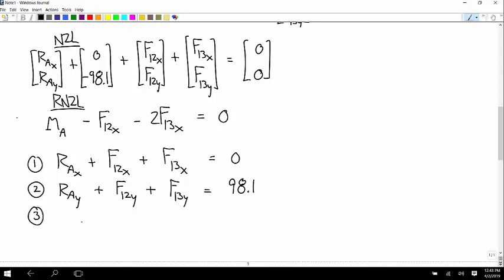And the third equation says MA minus F12x minus 2 F13x is equal to 0.